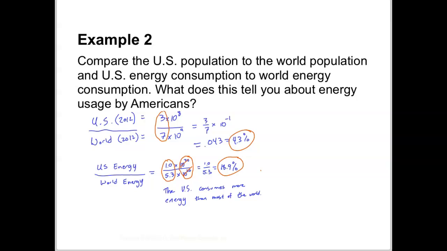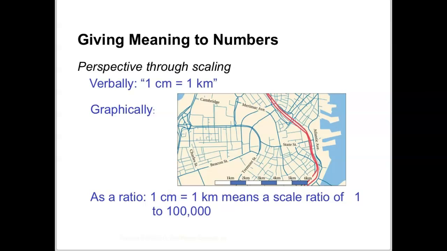All right. So we're going to look at just a couple more examples. So we're going to talk about looking at perspective through scaling. And scaling is dilating, meaning magnifying or shrinking, but keeping everything the same size relative to everything else.